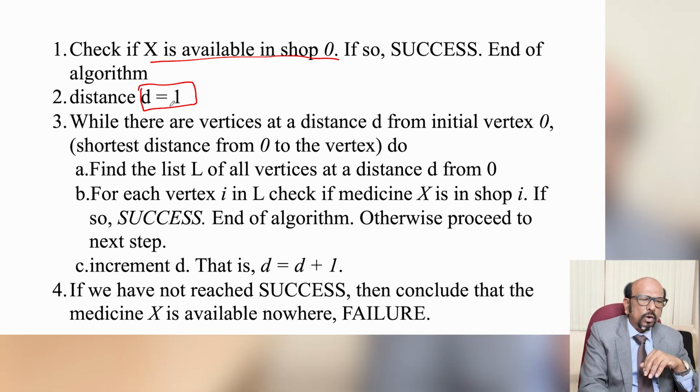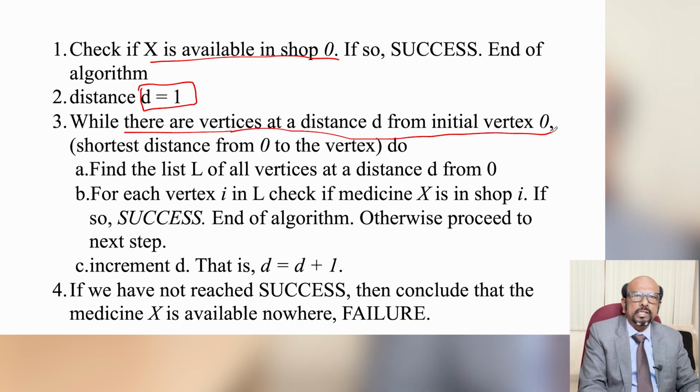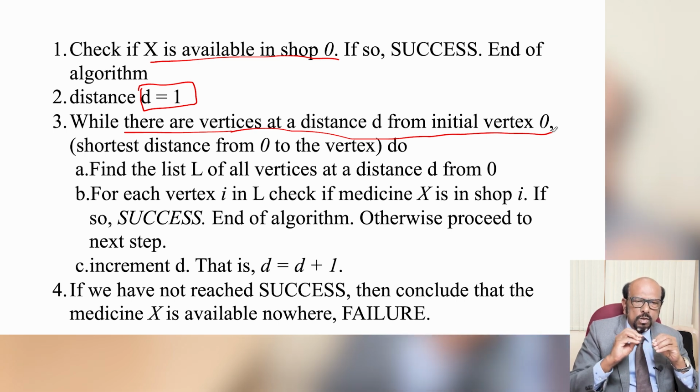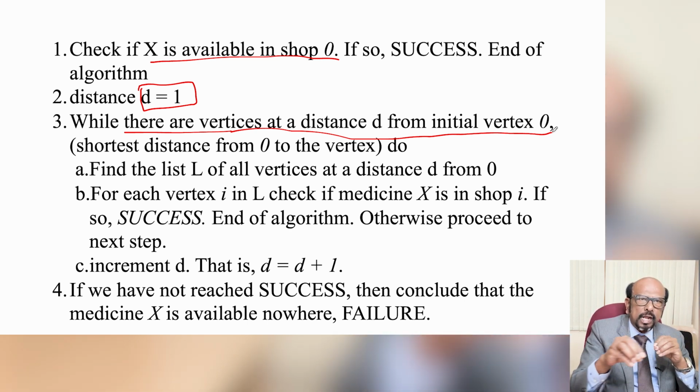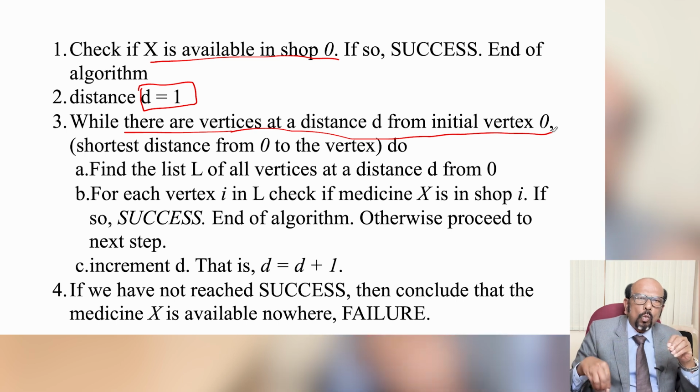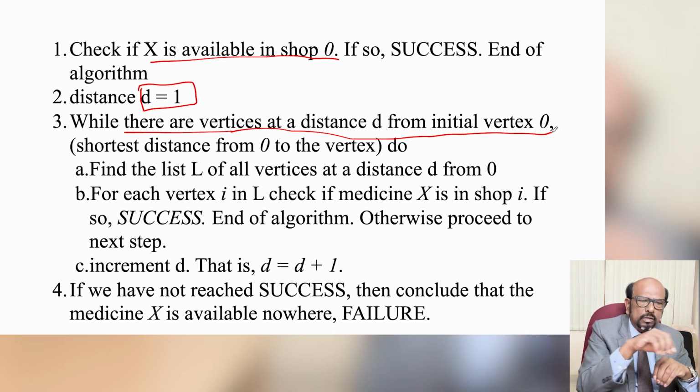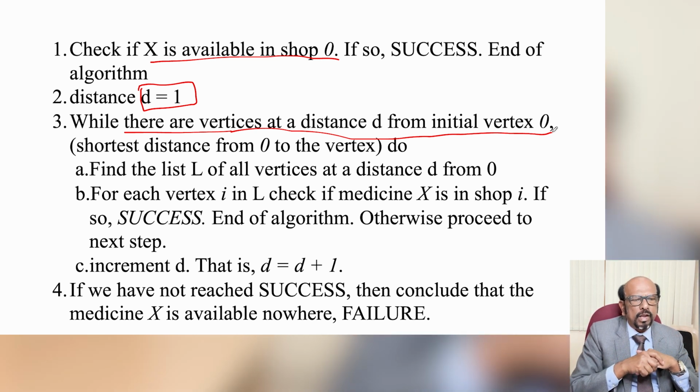While there are vertices at a distance D from the initial vertex 0, find out if there are vertices at distance D. D means 1 here.